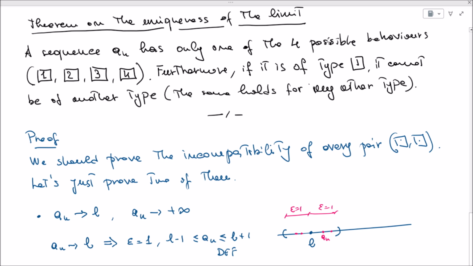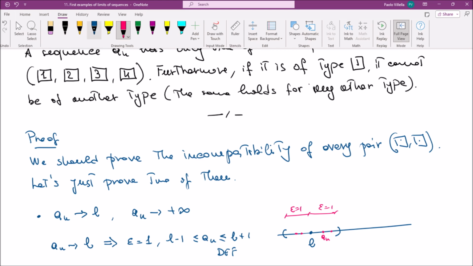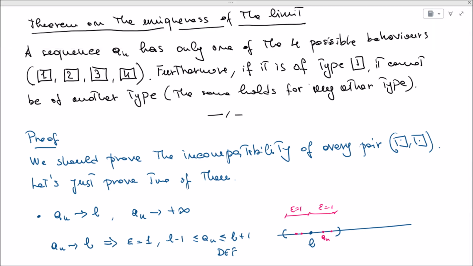Okay, but let's assume now by contradiction that it is also true that a_n will tend to plus infinity. So for every possible large positive barrier we give, we know that the elements of the sequence will exceed this barrier.